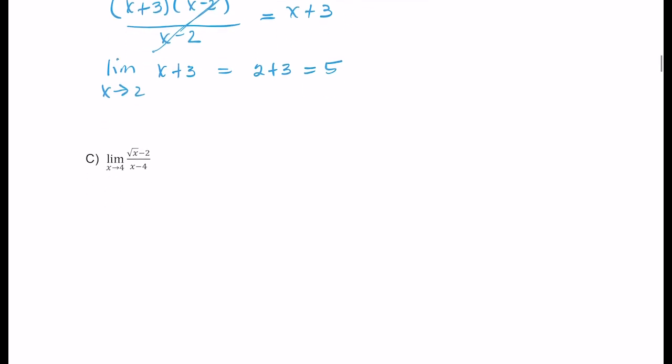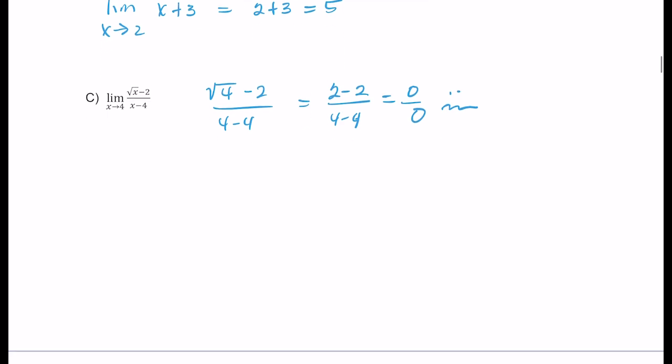In letter C, if we try plugging in the 4 first, you're going to see again that you're going to end up with indeterminate form. So that means we have to simplify this somehow. And you can see it can't be factored, right?